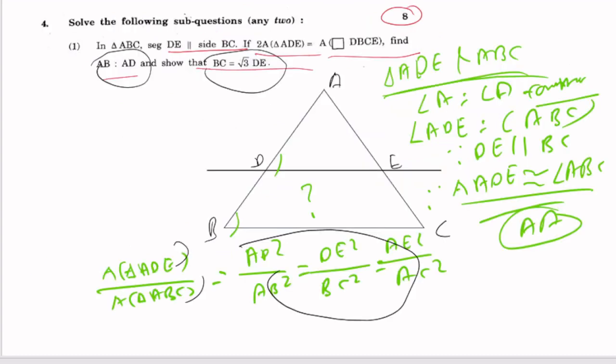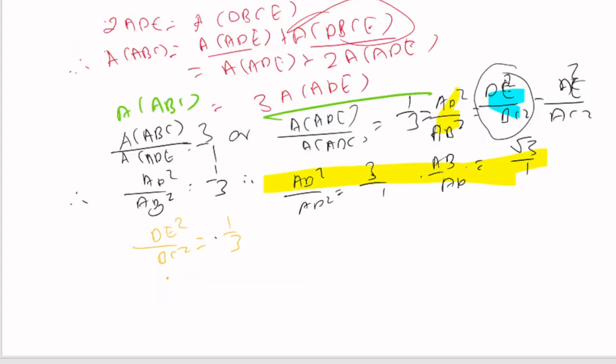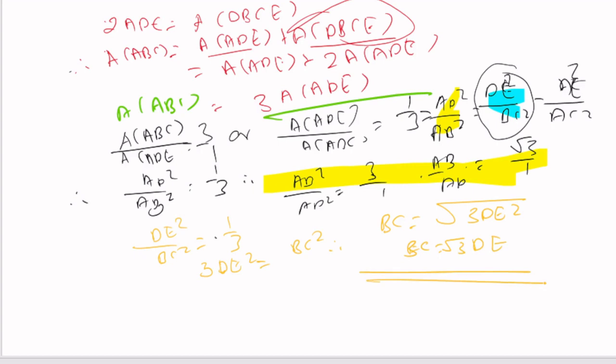And what you have to prove? You have to prove that BC equal to root 3 DE. So we can cross multiply: 3 DE square is equal to BC square. Therefore, BC is equal to square root of 3 DE square, that is nothing but root 3 DE. And we proved this also now.